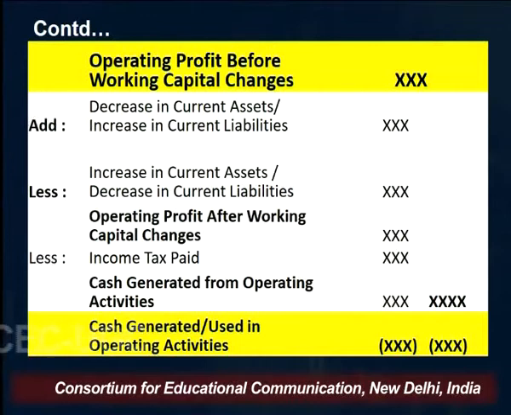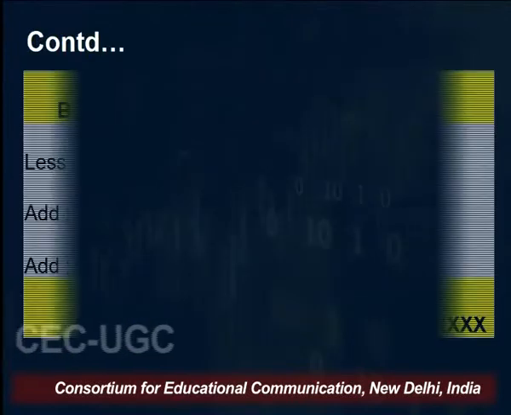And after this adjustment of current asset and current liability, what we get is called operating profit after working capital changes, and then we subtract payment of income tax out of it to arrive at cash generated from operating activities. Now if you look at the statement of cash flow, this first segment, that is cash flow from operating activities, takes a considerable or significant part of our statement of cash flow.